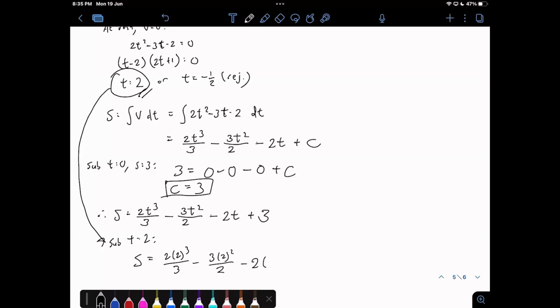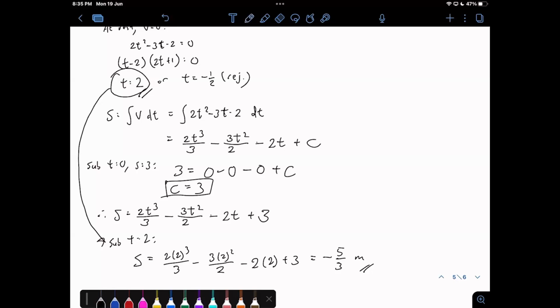Could you help me type in the calculator? Is it -5/3? Wait, I get something different.